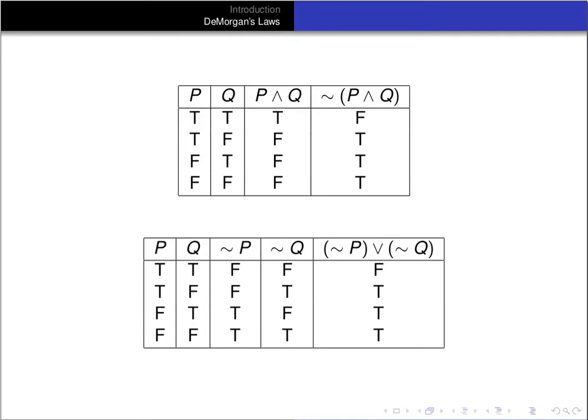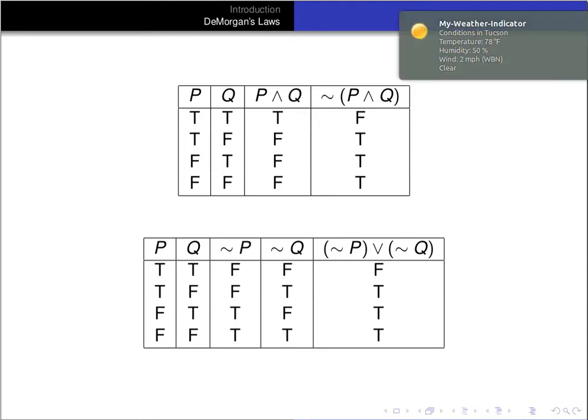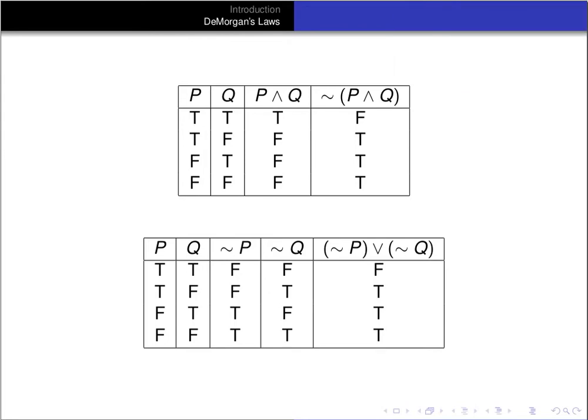If P is false and Q is true, then not P is true and not Q is false. And so one of them is true, so not P or not Q is true. And then if both P and Q are false, then both not P and not Q are true. And so that would mean that the disjunction, the or statement, not P or not Q, is a true statement.